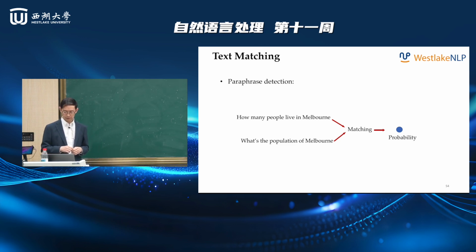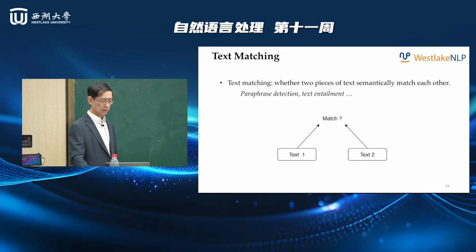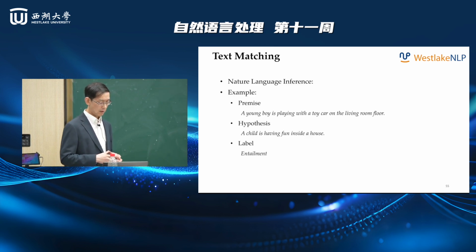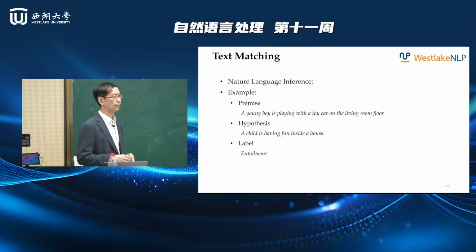Like if I give these two sentences as I show you on this slide, you have a probability close to 1. Another example of this kind of text matching is text entailment or natural language inference. We saw that in the first week, right? So the two texts are a premise and a hypothesis. You put the two together and the output is whether the premise entails the hypothesis.